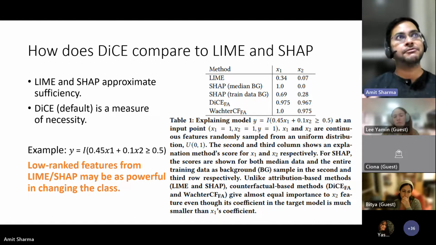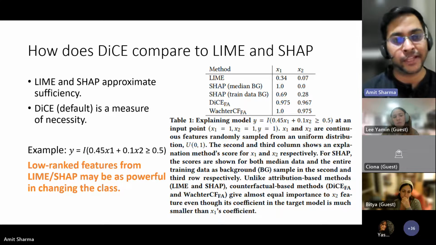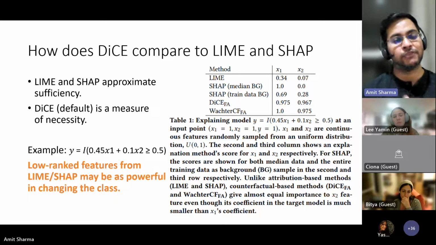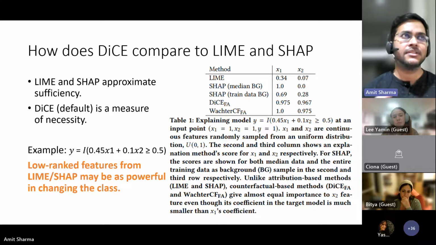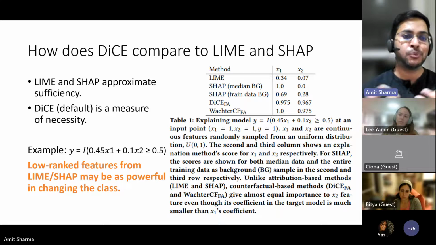But if you think in terms of feature explanation, or in terms of sufficiency, you tend to believe that x1 is more important because x1 is contributing more. I'm bringing this example up just to share that explanations are not unique, right? It depends on what you're looking for.